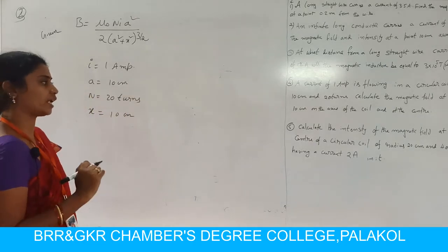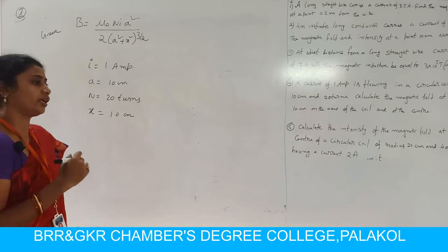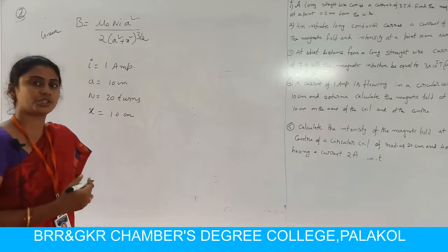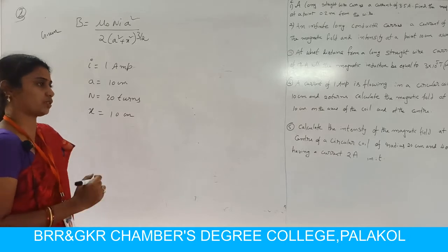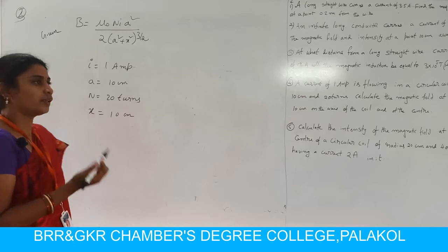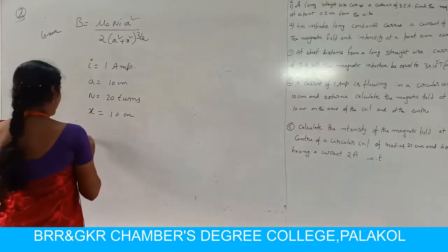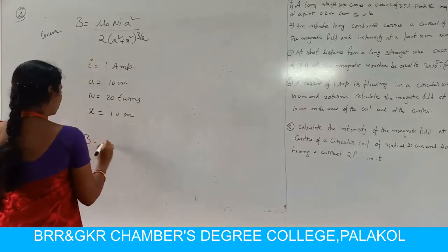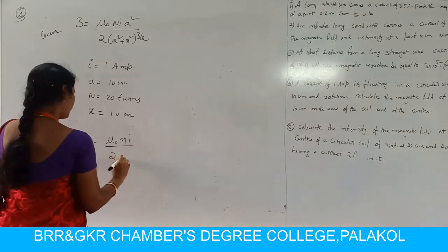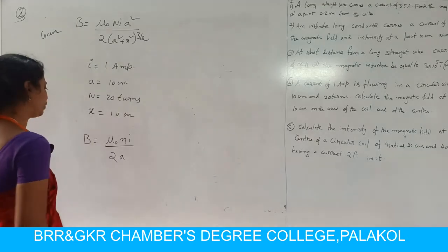So we first calculate on the axis, we are doing two cases in this magnetic field induction due to a circular coil. In the first case, where the point lies at the center of the coil, the formula for magnetic field induction is B equal to mu naught N i by 2A.